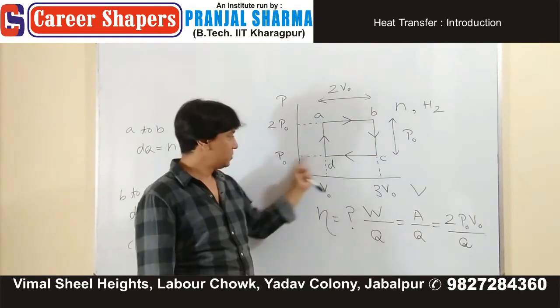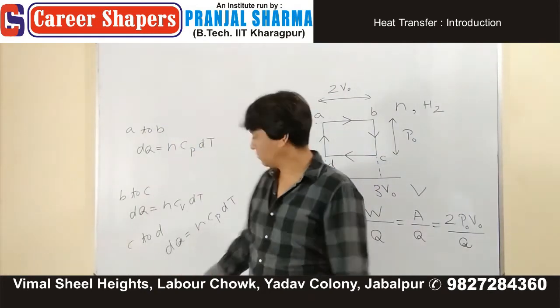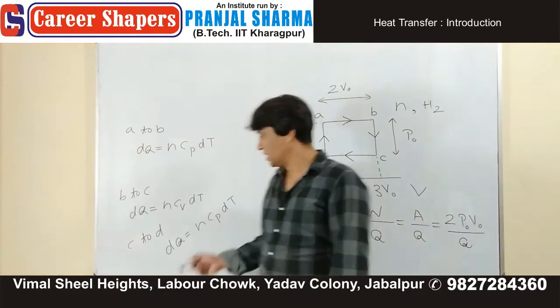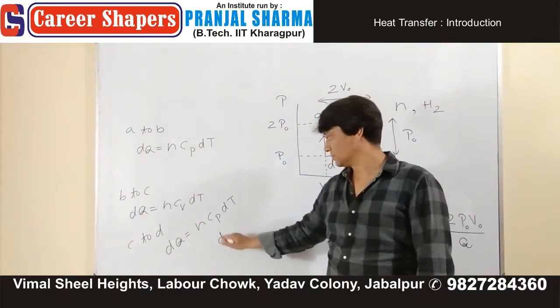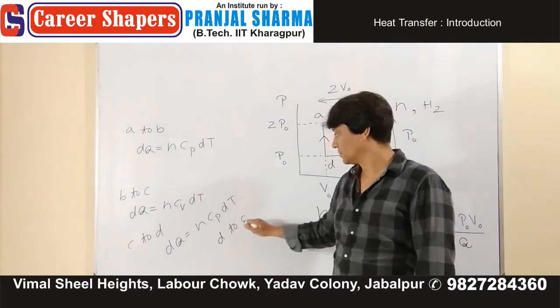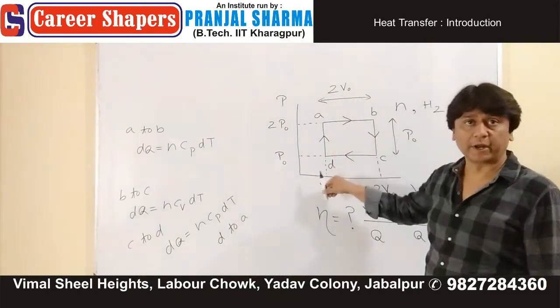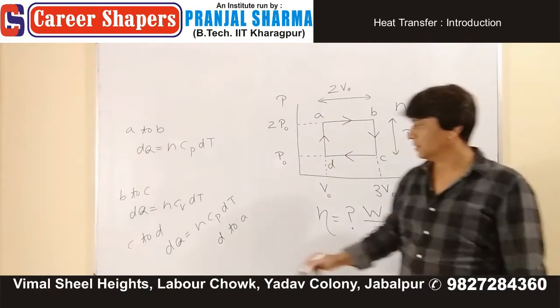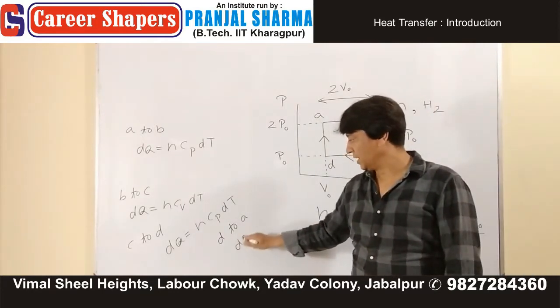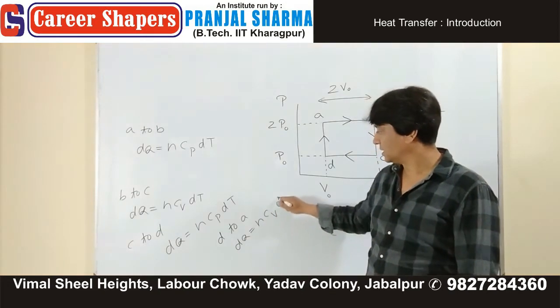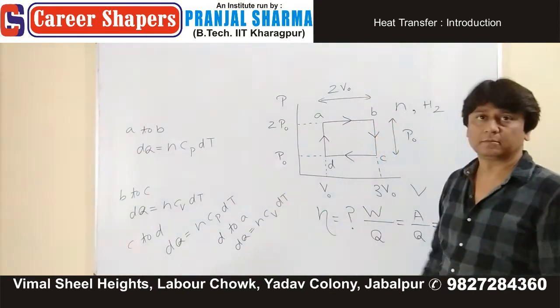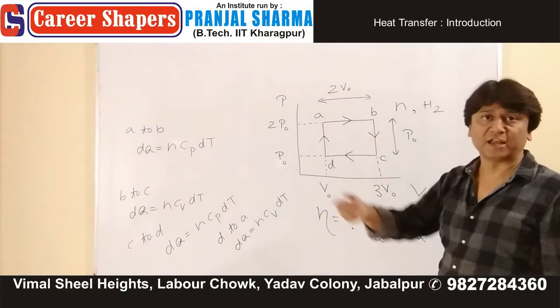Again, it's an isobaric thing, and therefore I can take directly Cp. And last, for D to A, which is an isochoric thing, dQ will be n Cv dT, corresponding change in the temperature.